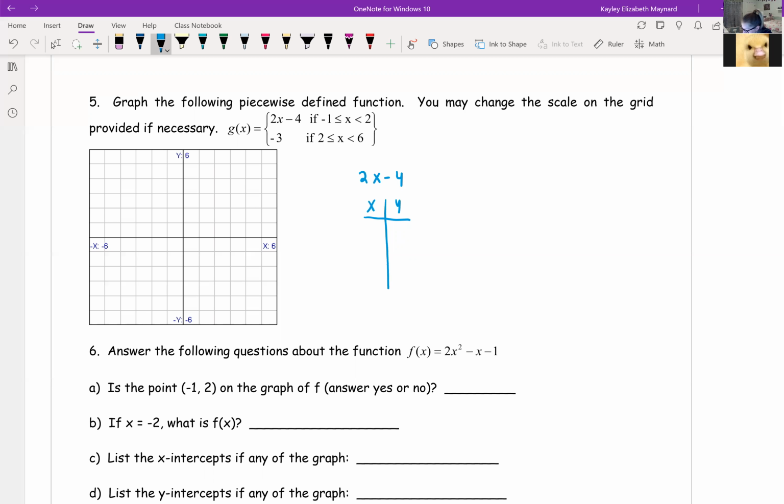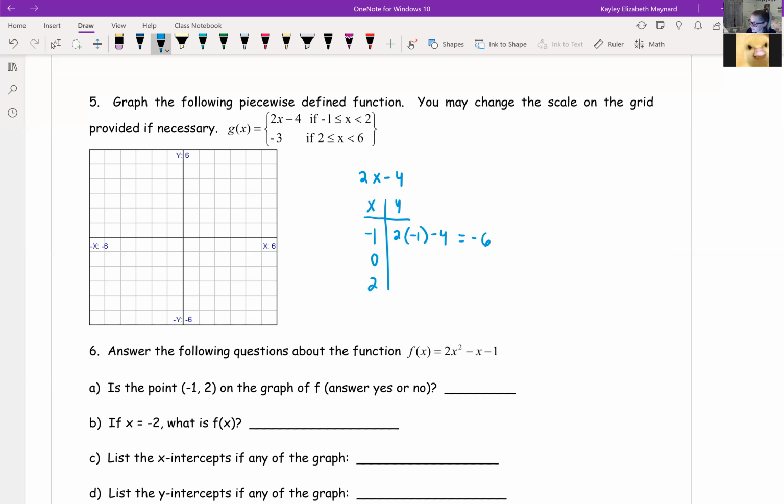So I'm going to plug in my endpoints of my interval. So -1. I'm going to pick a point that's in between -1 and 2. I'm just going to go with 0 because that's always a nice one. And then I'm also going to plug in 2 because that's my other endpoint on that interval. Plugging those in, when I do -1, that's going to give me -6, because 2 times -1 minus 4 is equal to -6.